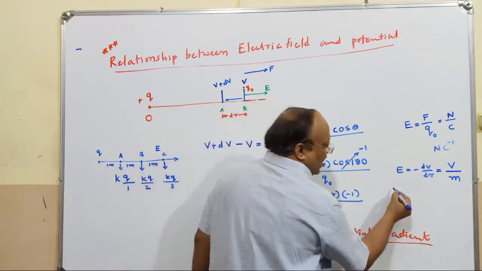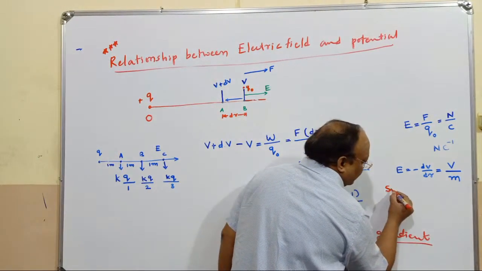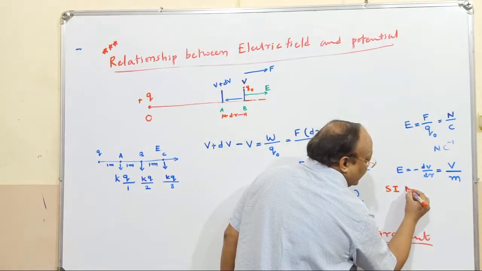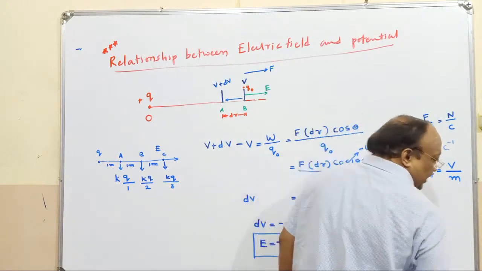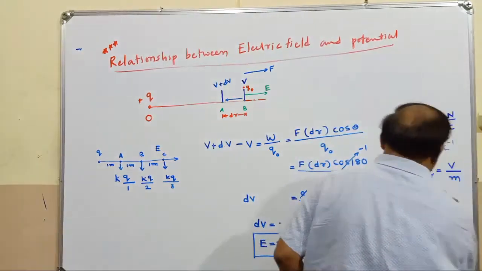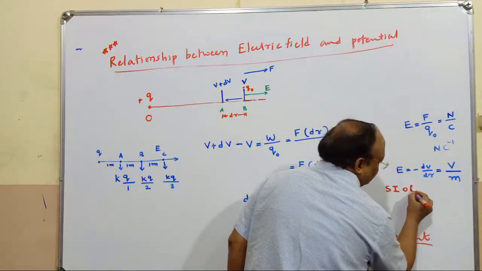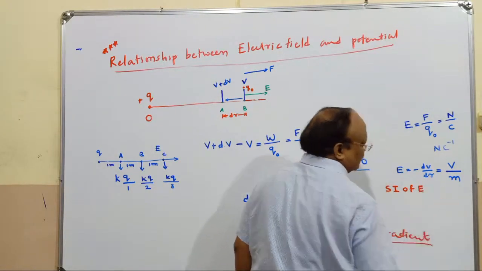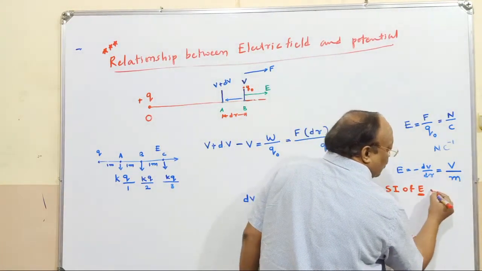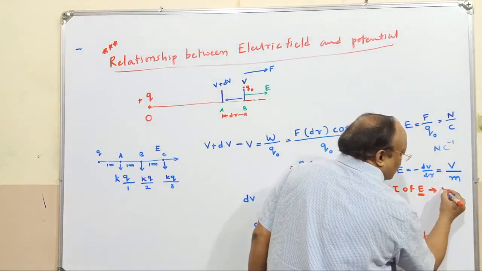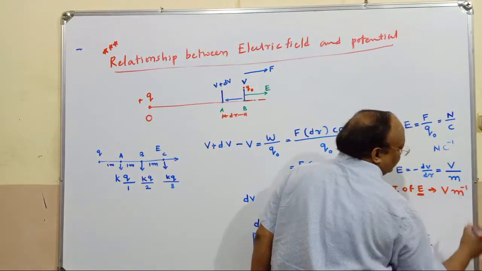So we can say the unit of electric field is volt per meter.